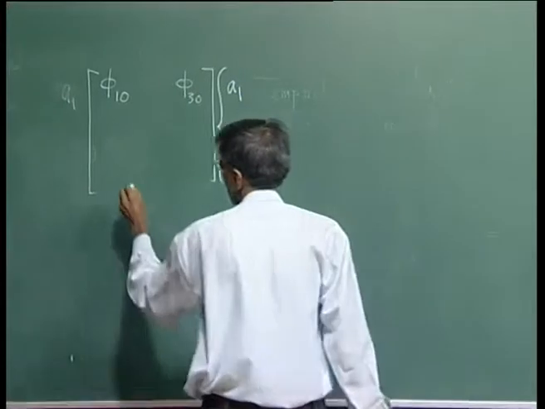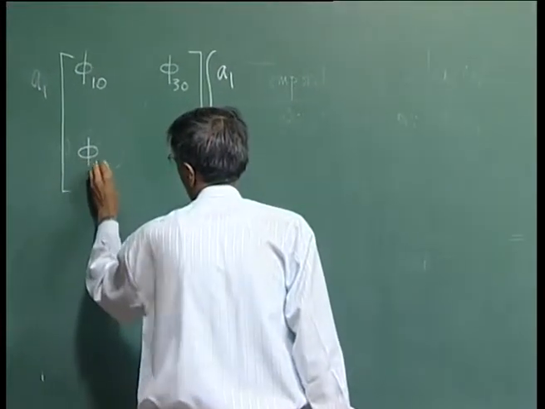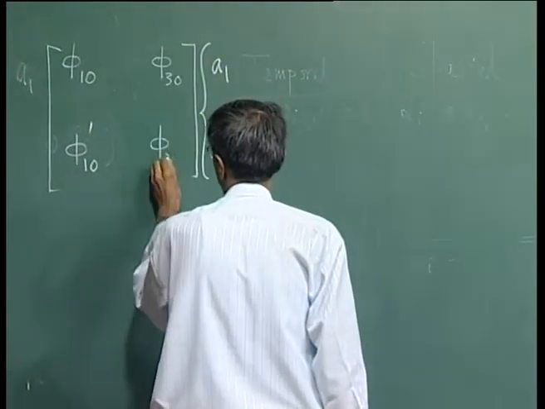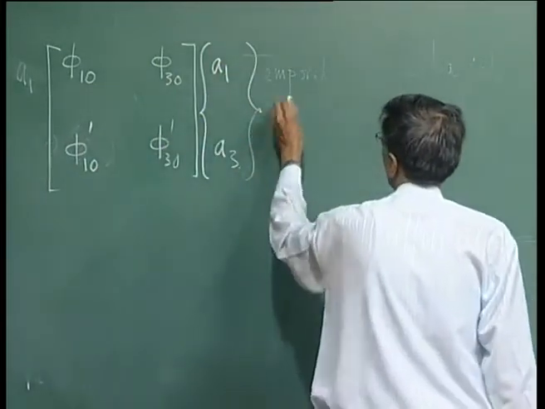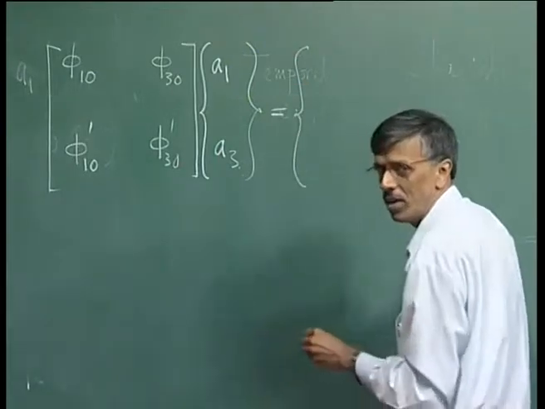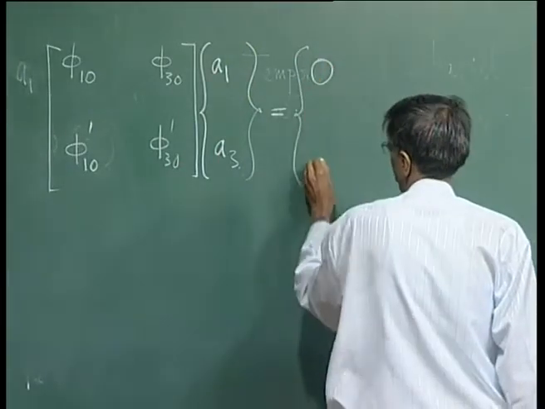And the second equation tells me phi 1 prime at 0 and phi 3 prime at 0. And unfortunately, in stability theory, the right hand side is given as 0.